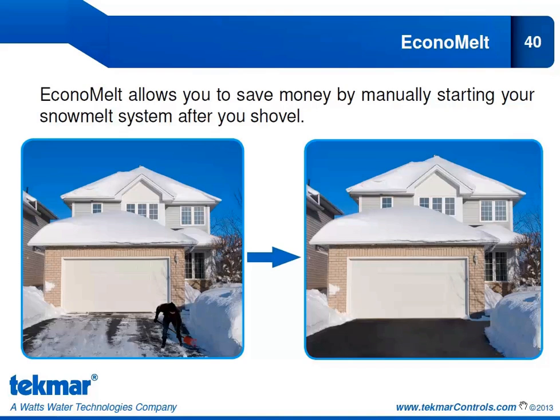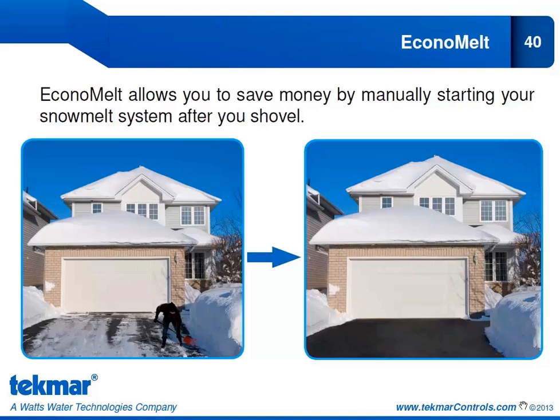And what happens if you select EconoMelt to be on is that the melt cycle will not start automatically. So the control will wait for you to manually enable it. And this allows you to go outside and shovel or snowblow your walkway or pathway or driveway. And in so doing, you will reduce your operational costs.